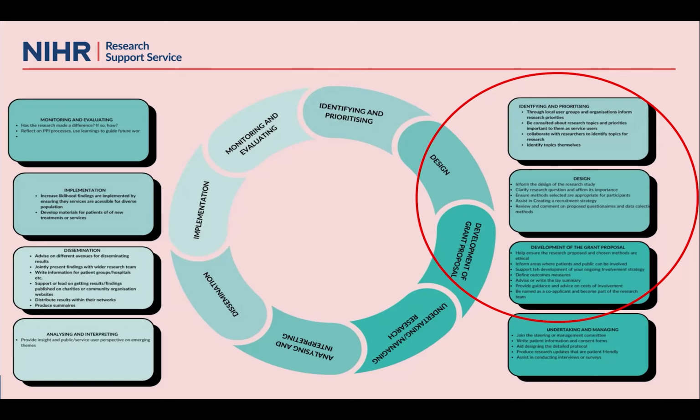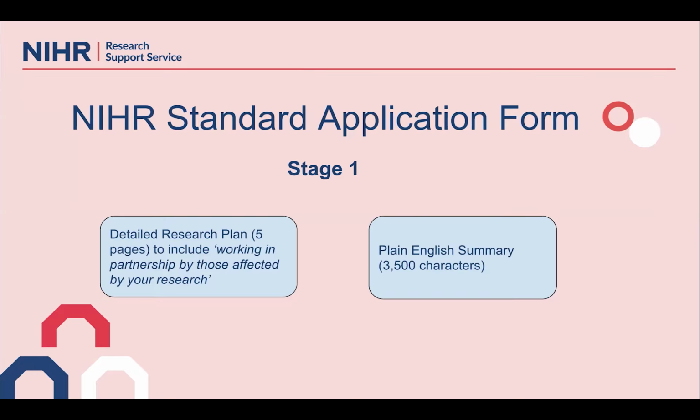So there's a wide number of ways in which patient and public involvement members should be involved at this stage. And within an NIHR application form, there will be a requirement that you are able to, in detail, talk about some of the ways in which your patient and public involvement representatives have supported.